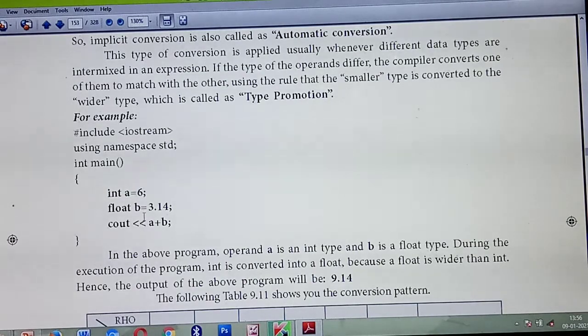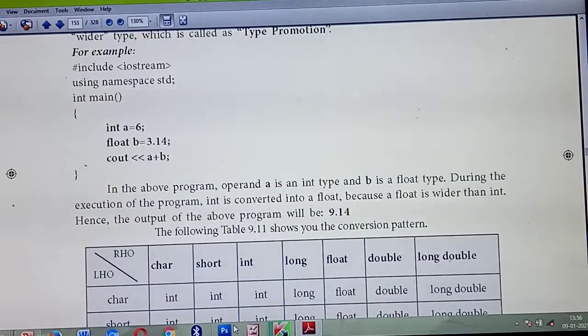Listen carefully. A is of data type int, but b is of data type float. So you are going to add two different data types. So a plus b. Finally, what answer will you get? 6 plus 3.14, so you will get 9.14 as the answer. The final answer will be of data type float. This type of conversion we are calling which one? Implicit conversion.